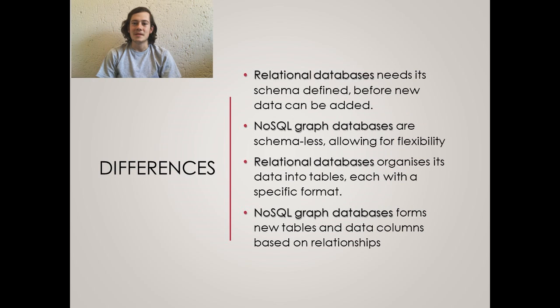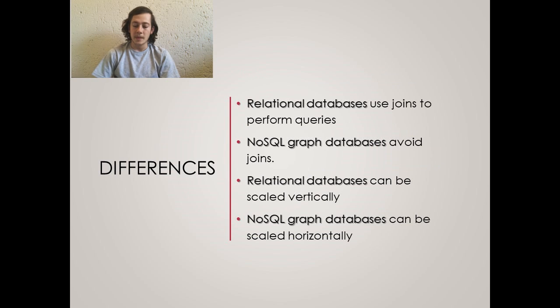Now let's see some differences between graph databases and relational databases. Relational databases need a schema to be defined before new data can be added, while graph databases are schemaless, allowing for more flexibility. Relational databases organize their data into tables with a specific format, while graph databases form new tables and data columns according to relationships.